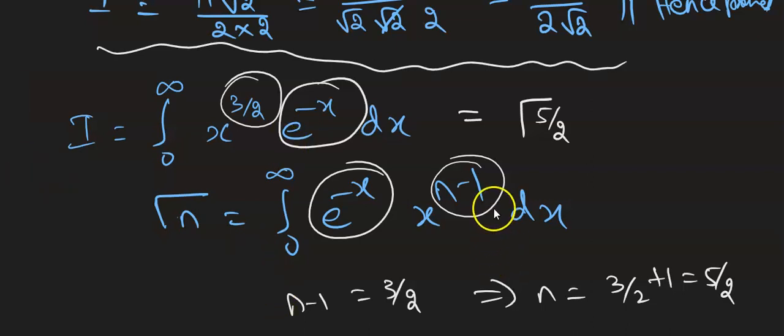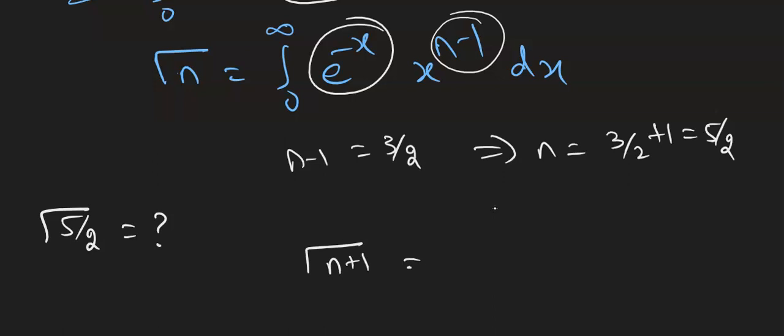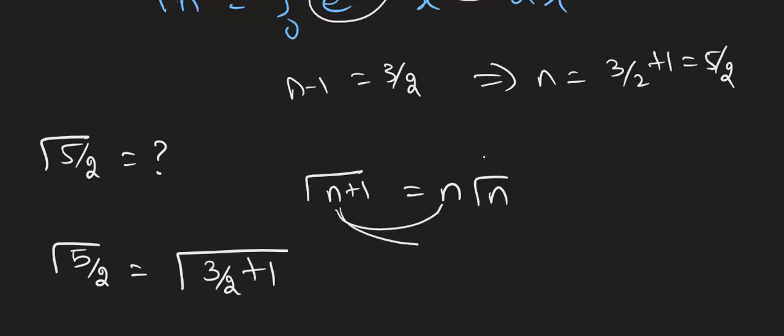Now, to find gamma 5 by 2, we are going to repeatedly use the formula gamma of n plus 1 is equal to n into gamma of n. So gamma 5 by 2, how will I write it? Something plus 1 I have to write. What is that something? 3 by 2 plus 1. So if n is there, then I will write n into gamma of n. Same thing. So 3 by 2 into gamma of 3 by 2.